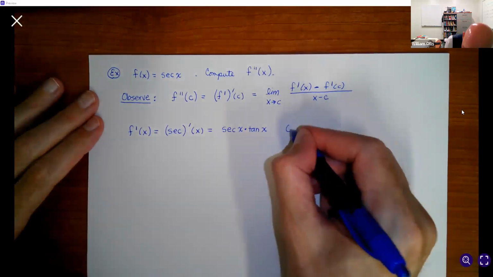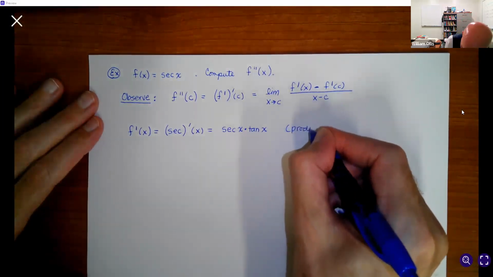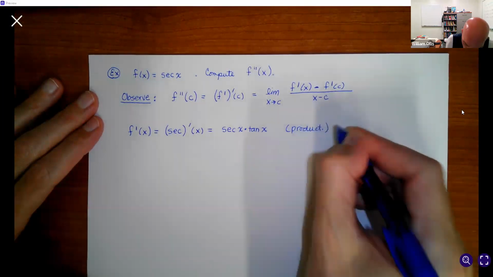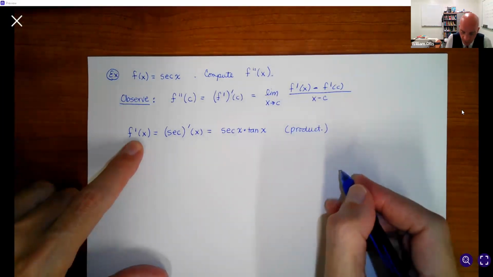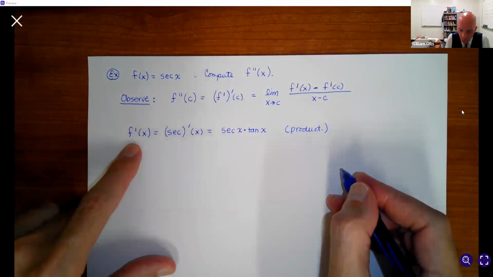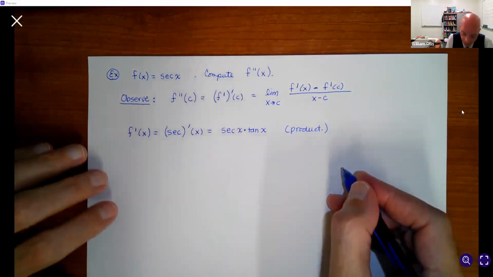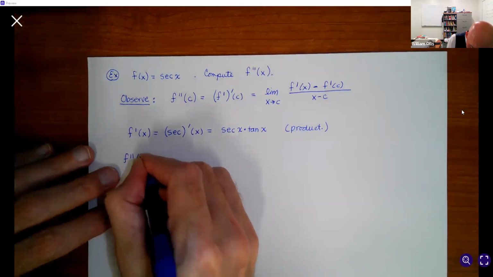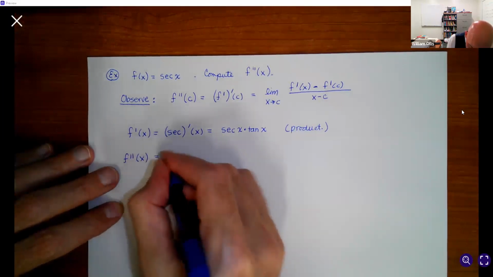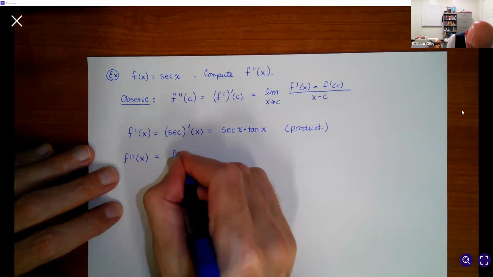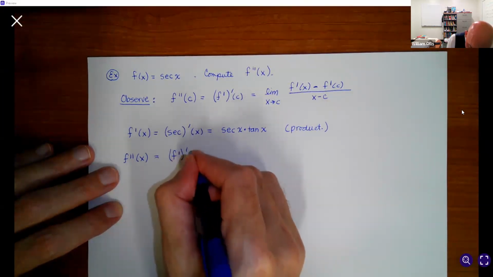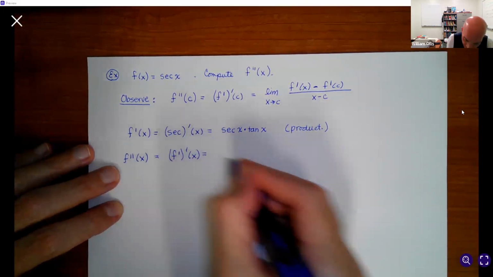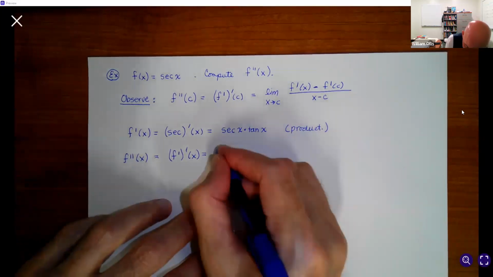So now this is a product. So in order to get the second derivative, we take the derivative of the first derivative, which is a product. So now we have f double prime of x is equal to f prime of x. So that means take the derivative of this.